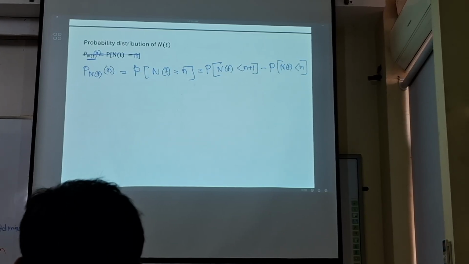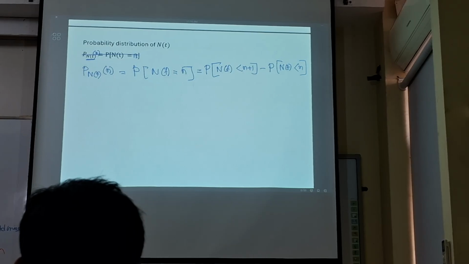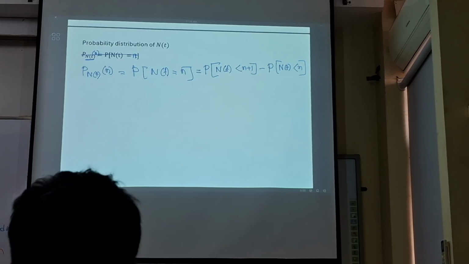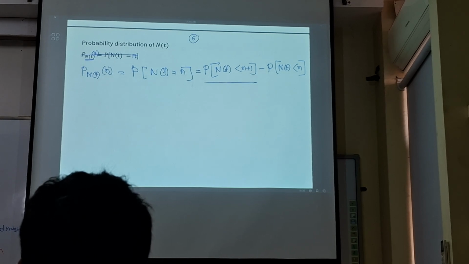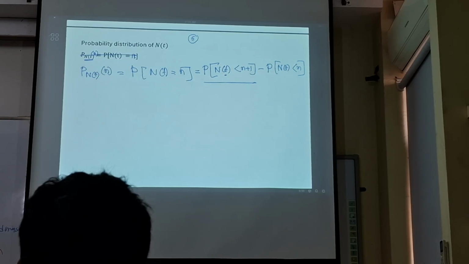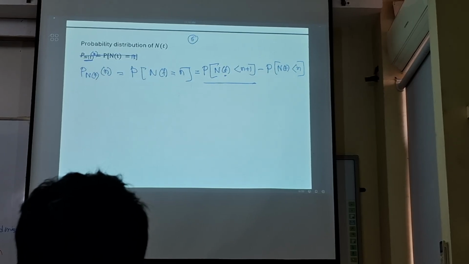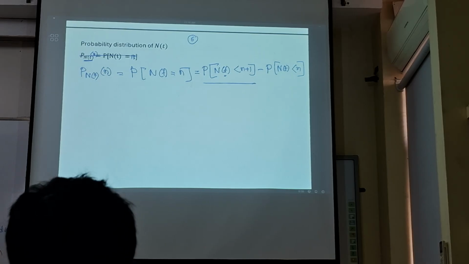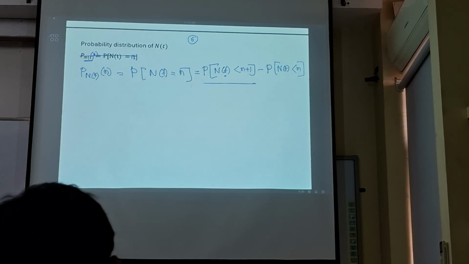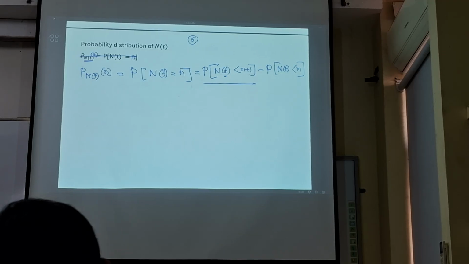One says the probability that fewer than n plus 1 events occur. Say n equals 5. The first one says, by time t, less than 6 events, that means 0, 1, 2, 3, 4, 5, all are included.